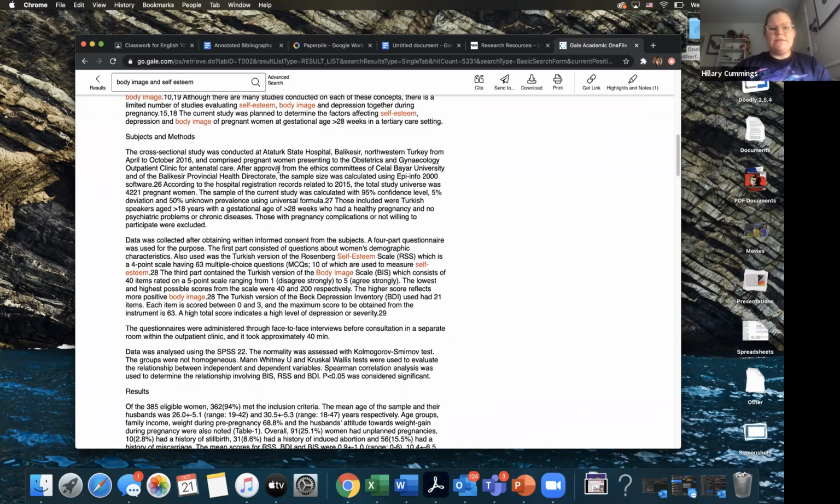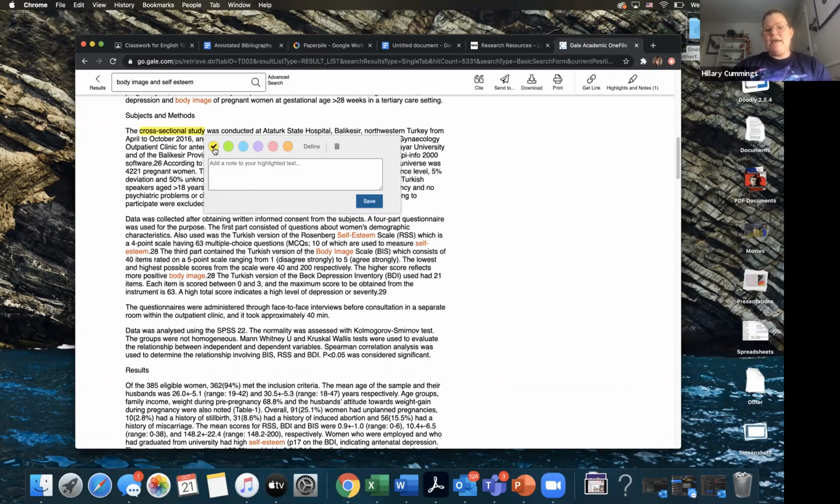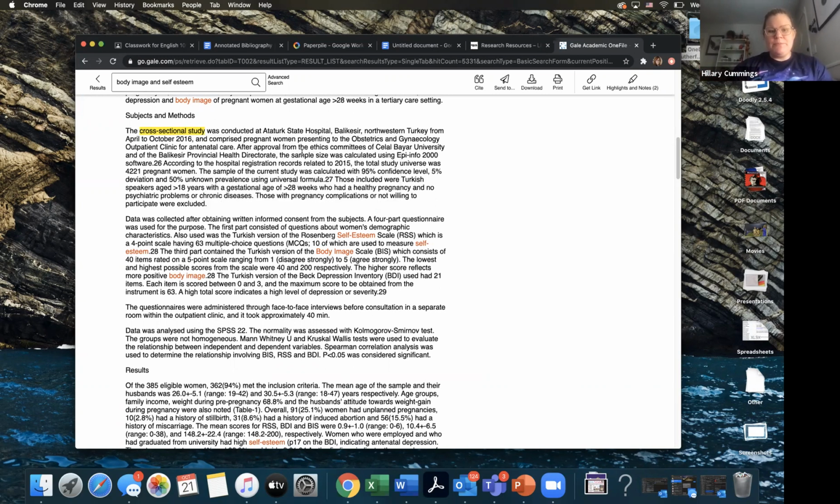So then I would look and see what their methods were. They did a cross-sectional study, which means that they looked at a couple of different populations so that you can have a mirror of the actual population. Cross-sectional study in Turkey in October of 2016. And then I would look for the number of people who had participated in it.